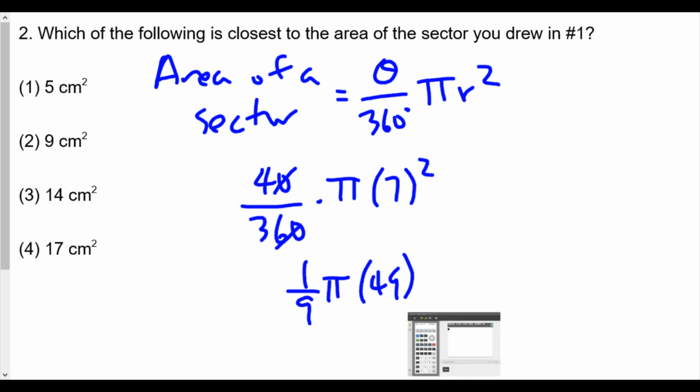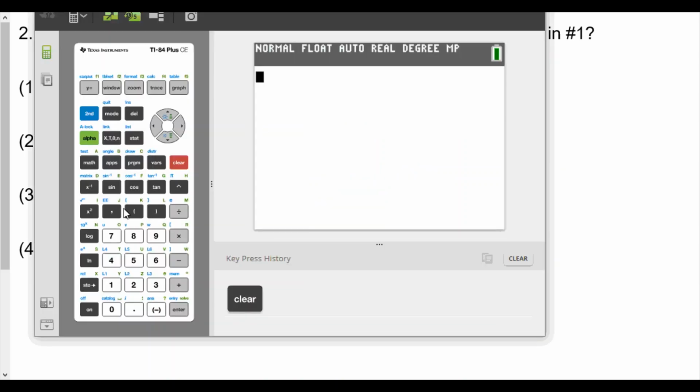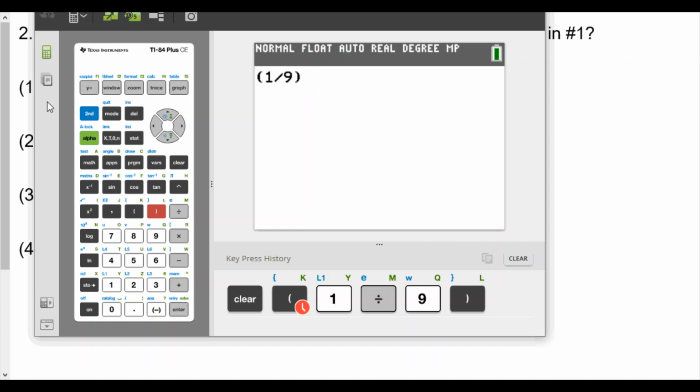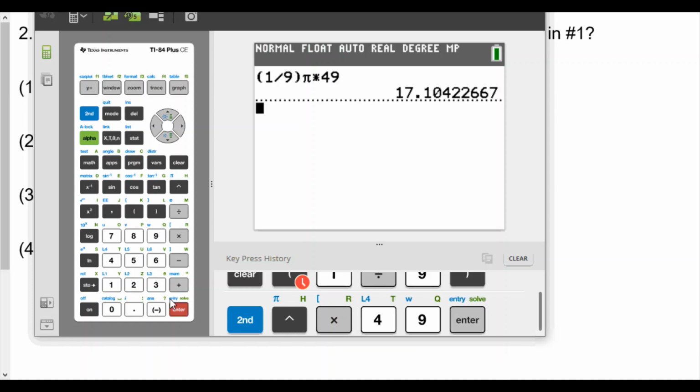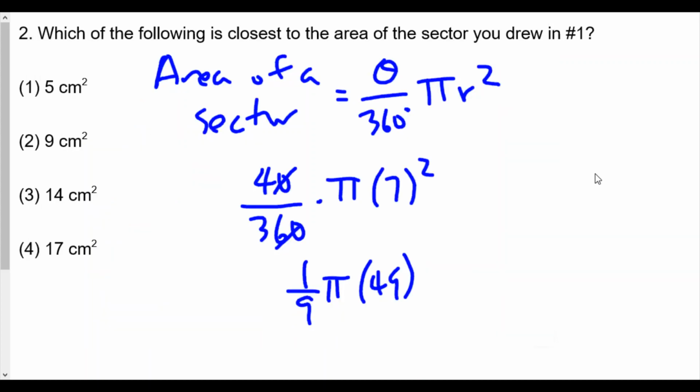So we'll do 1 divided by 9, and then times pi times 49. And we get, in this case, a value of 17.01. So it's about 17.01. So here, the closest one would be about 17 centimeters squared.